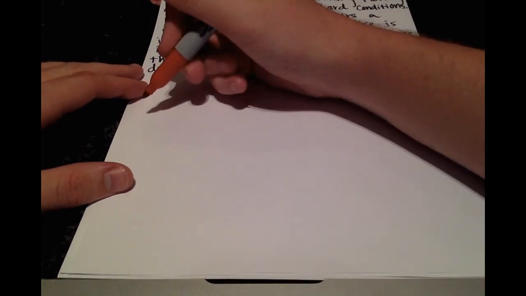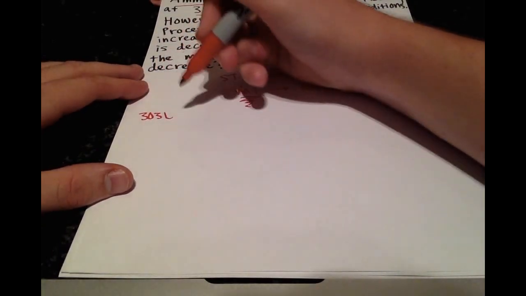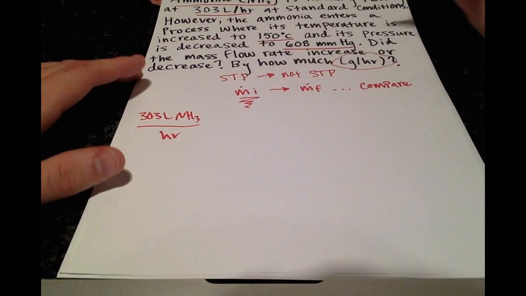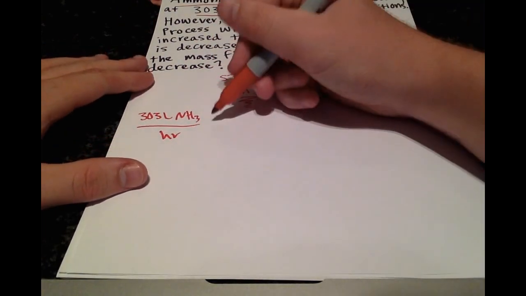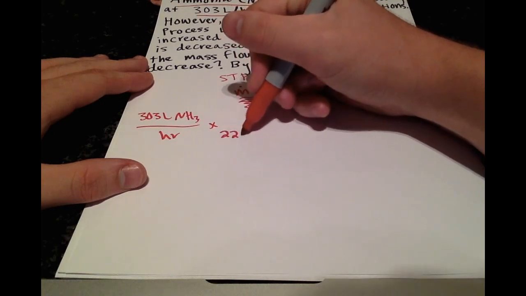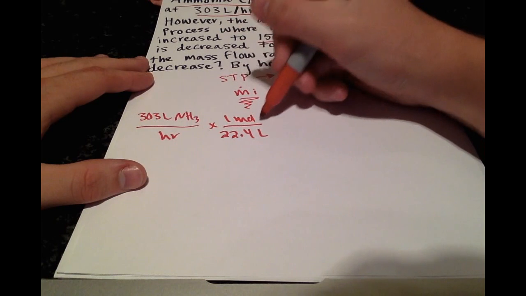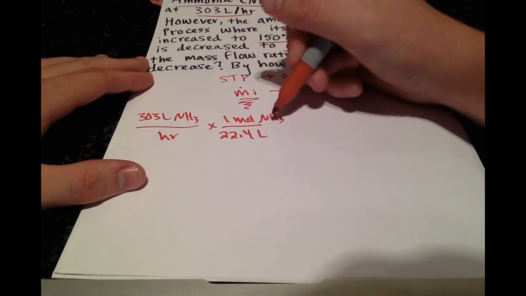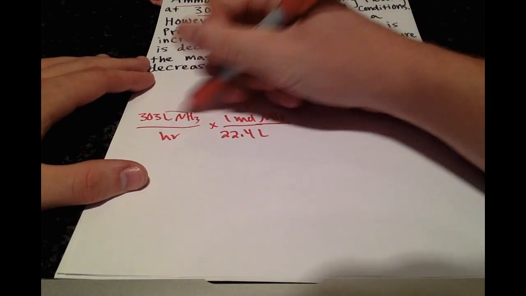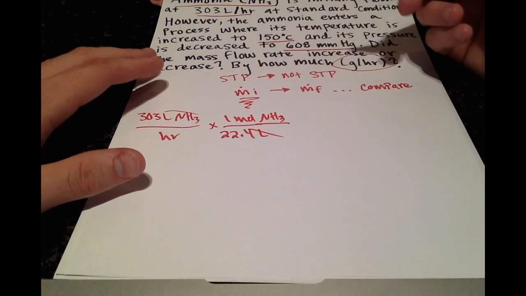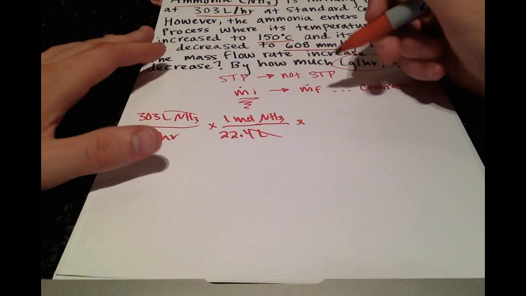So let's write what we have: 303 liters of NH3 per hour, and we know at STP we can use the conversion, 22.4 liters per 1 mole of NH3, and then we can go from molar flow rate to mass flow rate with the molar mass.